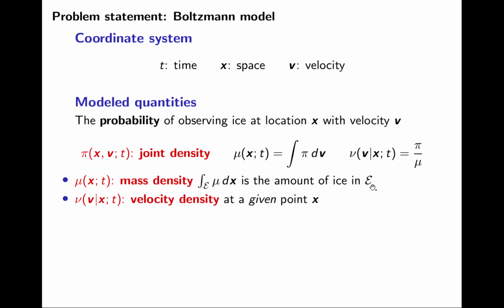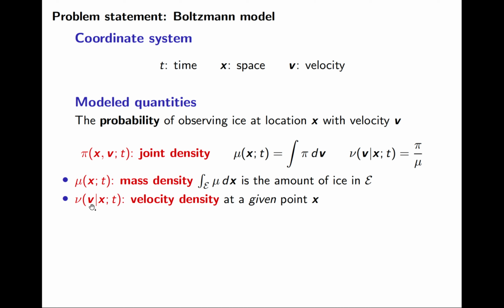And so the second density that we're going to care about is the velocity density, which we're denoting nu. The velocity density is just the conditional density defined by the law of total probability, so that nu times mu is equal to this joint density pi, right? And the way we interpret the velocity density is, at a specific point x, nu is basically the distribution of possible velocities that the ice at that point might have.